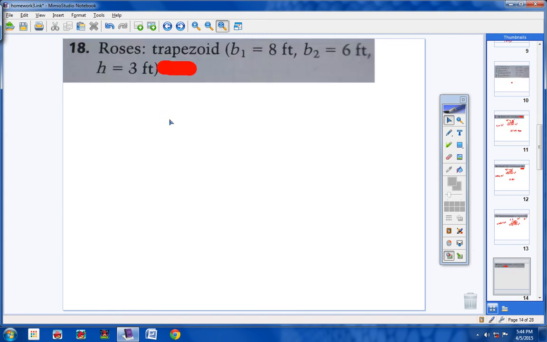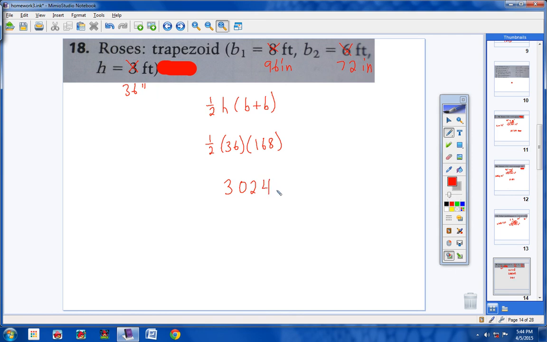Alright, number 18, we have a trapezoid, okay? Remember, the area of a trapezoid is 1/2 times the height, times the two bases added together. Your bases would be 96 inches and 72 inches, and your height would be 36 inches, okay? So we have 1/2 times 36 times 168. Multiplying these together, you will get 3,024 square inches.